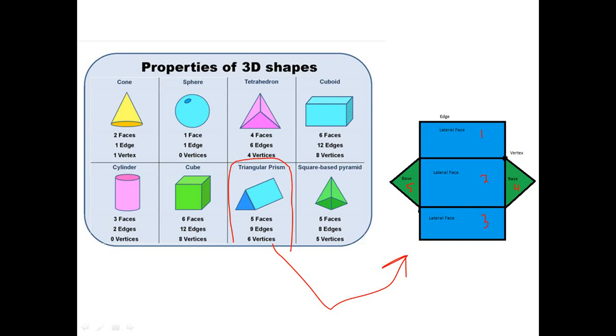The vertices, can you see here the word vertex? Yes. So there's actually 1 vertex here, 2, 3, 4 and 5, 6.